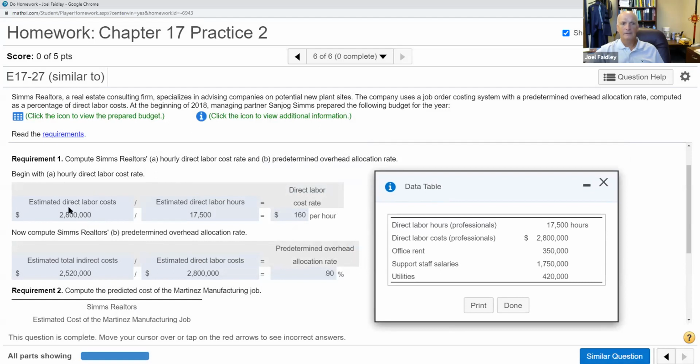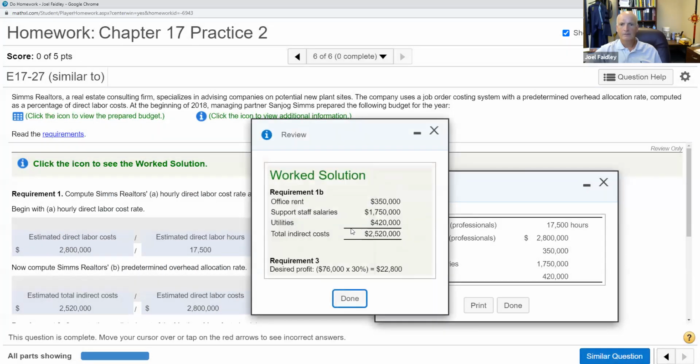So if we have estimated direct labor costs of 2.8 million and estimated direct labor hours, 17,005, and our direct labor cost rate is $160, what about the overhead allocation? Well, if the estimated indirect costs are 2,520,000, I guess they're adding all of that, even though it's a little bit confusing. Yeah, they're assuming all of that. Office rent, support salaries, utilities, indirect costs.